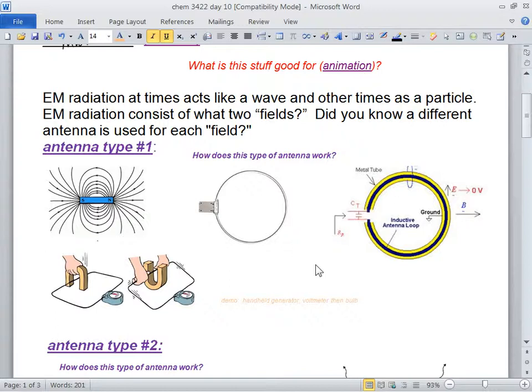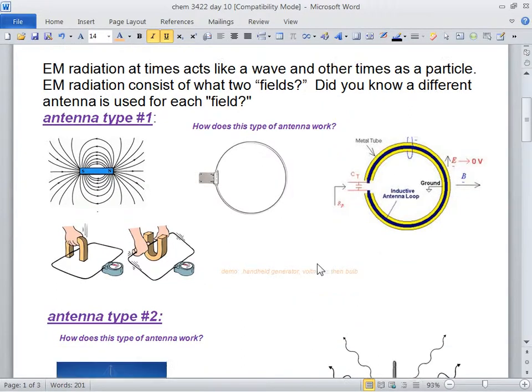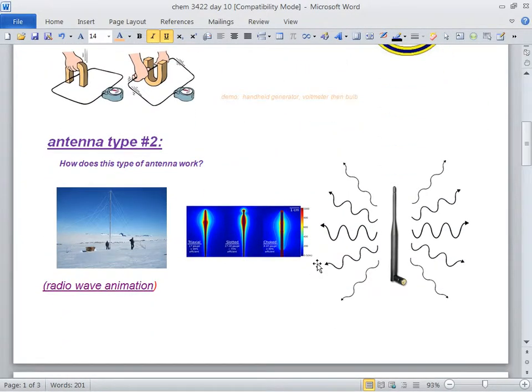So this is what an antenna has to look like if it's going to detect or amplify a magnetic field. It has to be made out of metal, because otherwise there's no charges to move. And antenna type number 2, well, this must be for what type of field? Not magnetic, but electric. So now it looks like it's not a circle anymore.